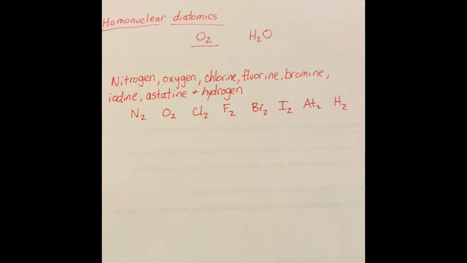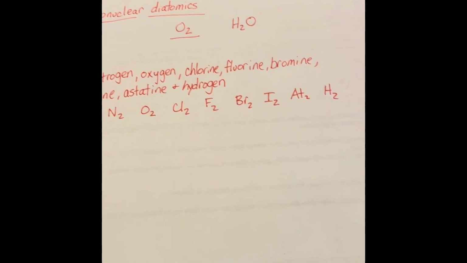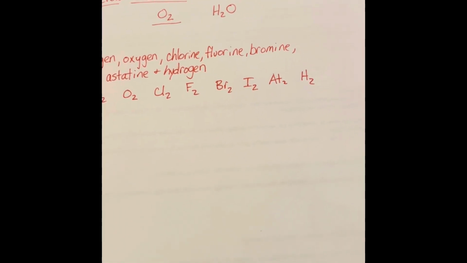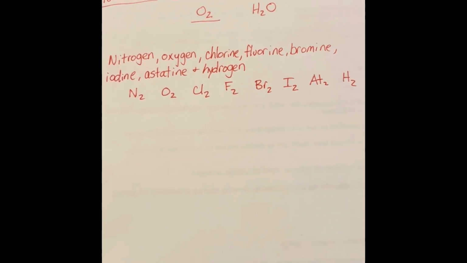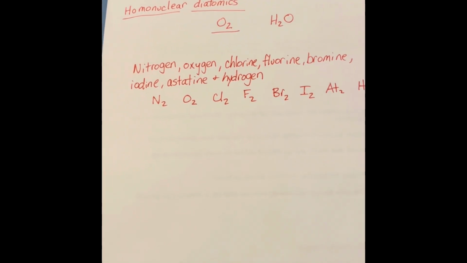So when you see these, this is how you're going to see them. Nitrogen's going to look like that. Oxygen's going to look like that. There's two of them. These just aren't stable as single atoms, so that's why they're homonuclear diatomic. 5 of these are in group 7A. If that helps you learn them, great. So make sure you know them.